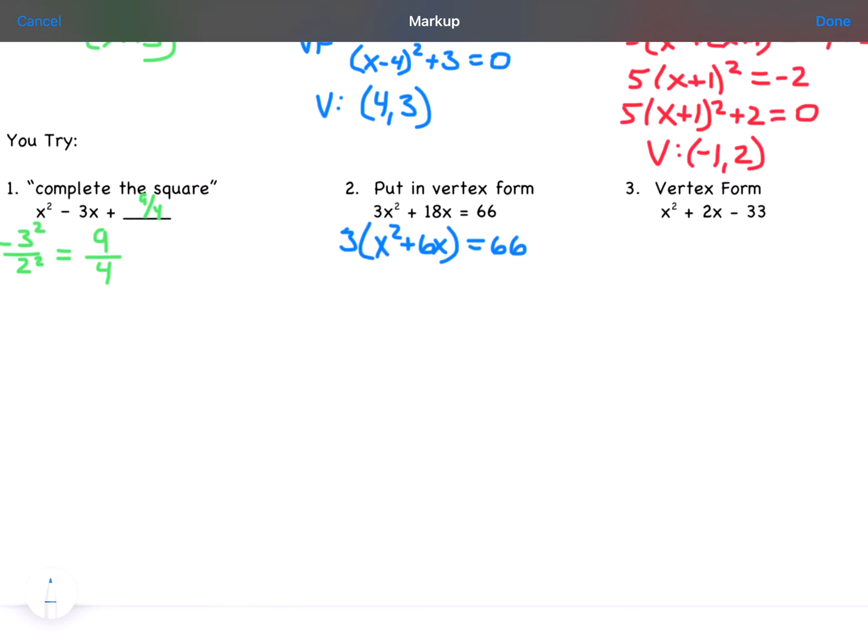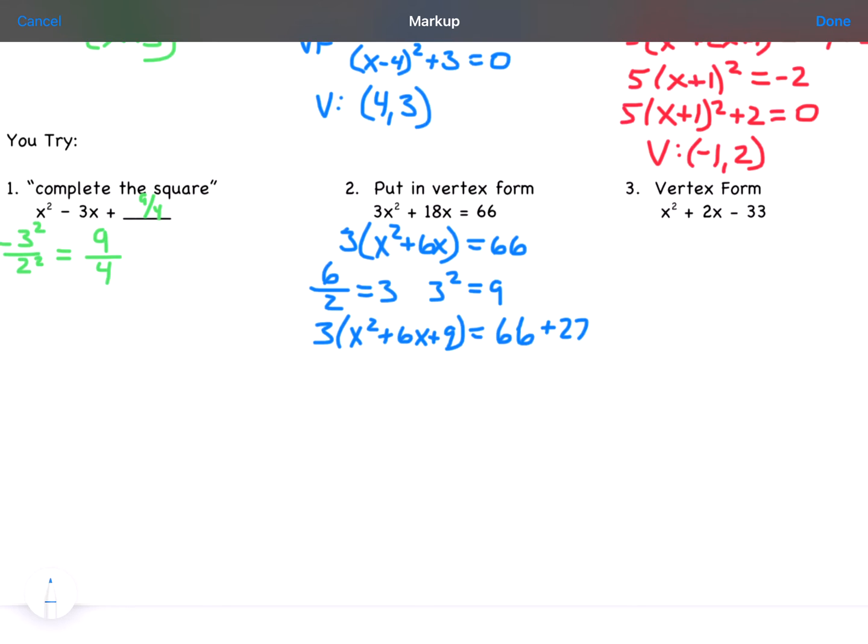So now we can run through our little formula, cut 6 in half, that's 3. 3 squared equals 9. So we're going to add that to the left, so it's 3 times x squared plus 6x plus 9. And then just like the other example, we need to add 9 times 3 to the right-hand side. So we're adding 27.